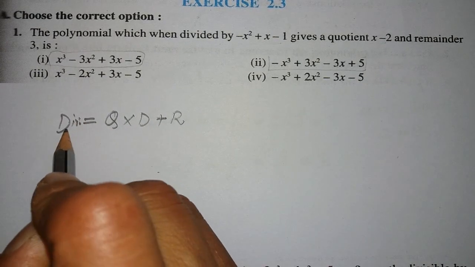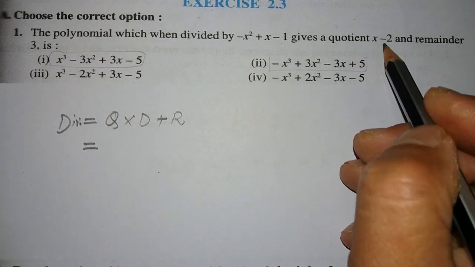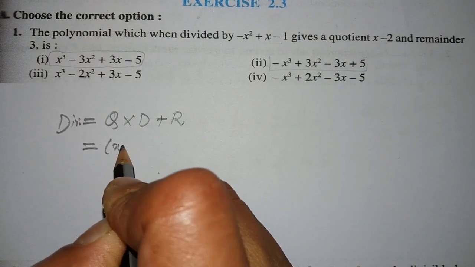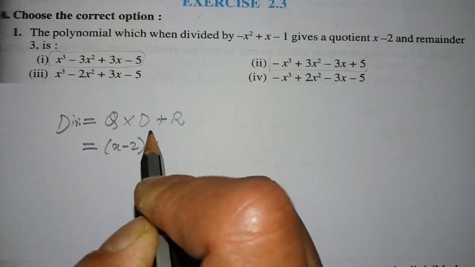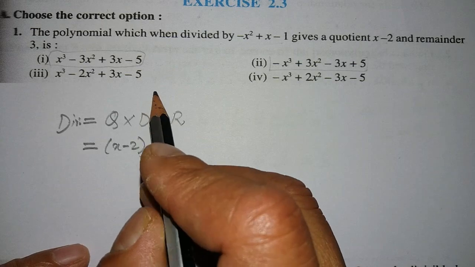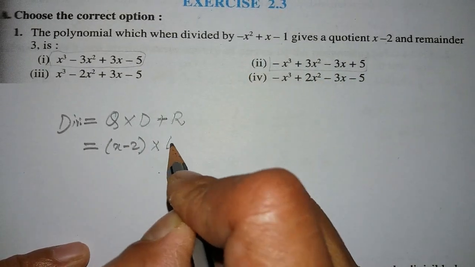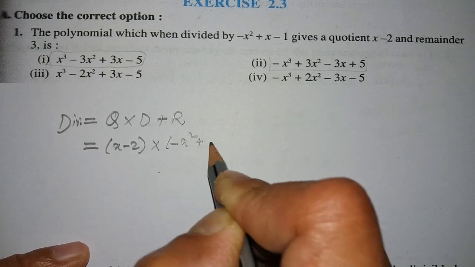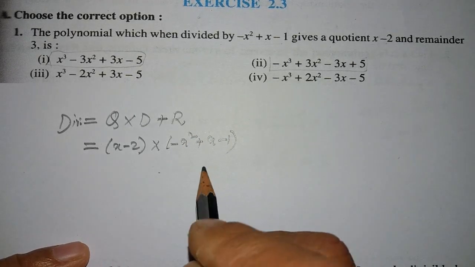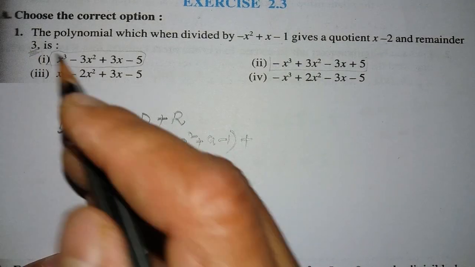So our polynomial is going to be: quotient is x minus 2, into divisor, which is minus x square plus x minus 1, and plus remainder, which is 3.